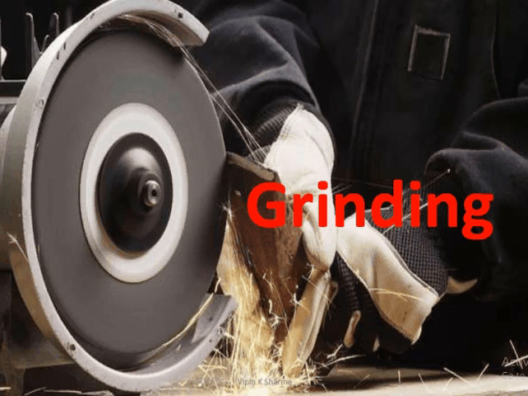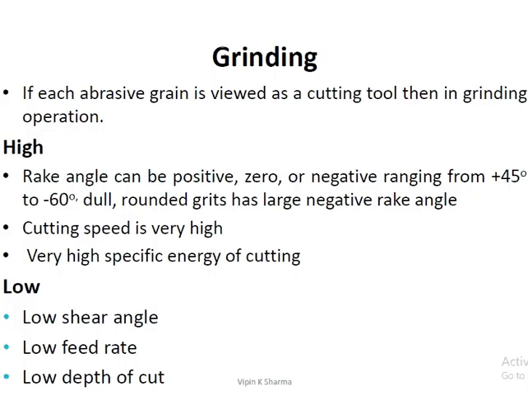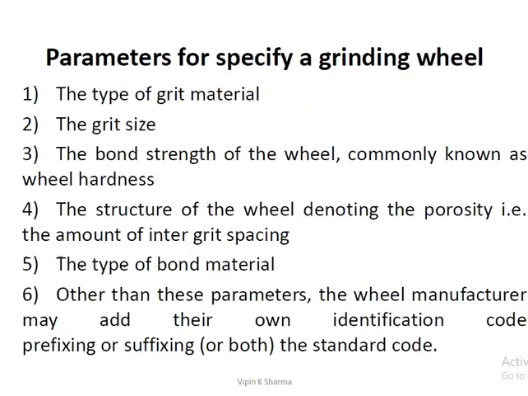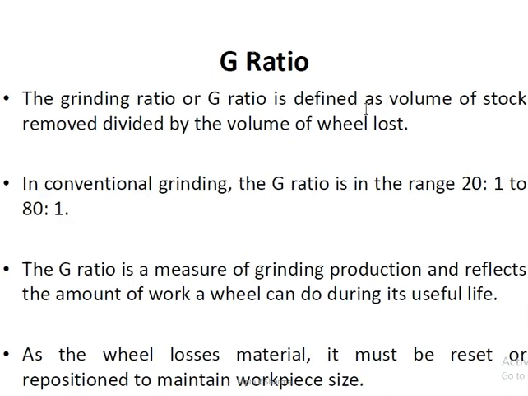When the grinding wheel makes contact with the workpiece surface, it removes material from the workpiece surface, as well as during the contact, some of the grits present on the periphery of the grinding wheel may also get removed. So there is removal of material from both the grinding wheel as well as from the workpiece surface.